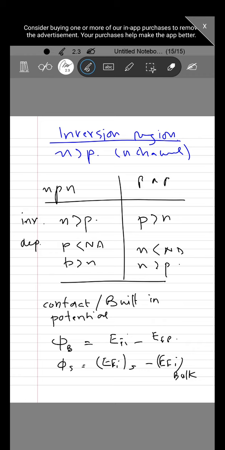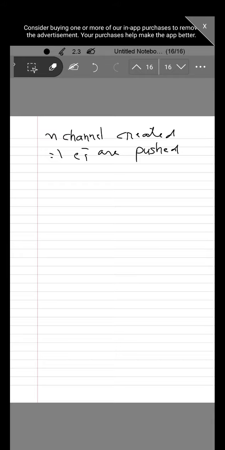So when the N channel is created, electrons are pushed to the surface.